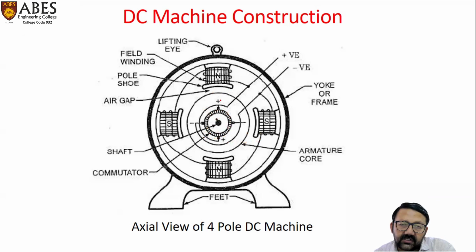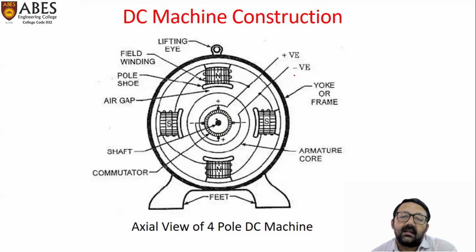The purpose of these brushes is to collect the current from the armature conductors, depending upon whether this machine is operating in generator mode or motor mode. And right now, this machine is acting as a generator, and here these brushes are providing the output of the machine.